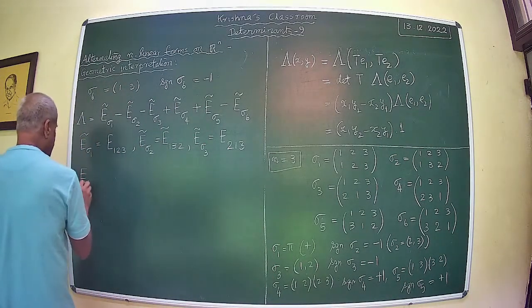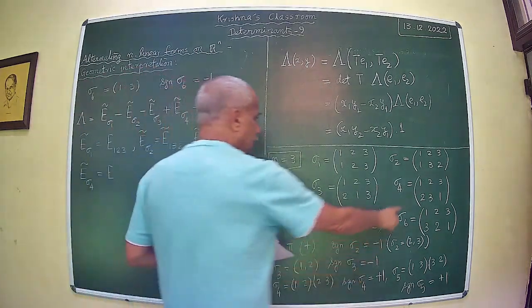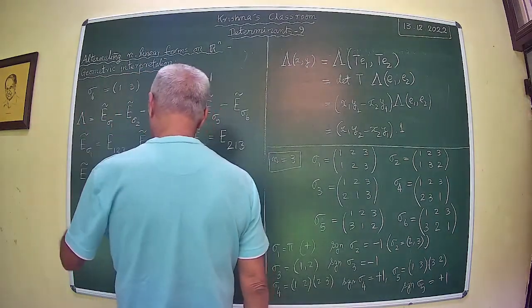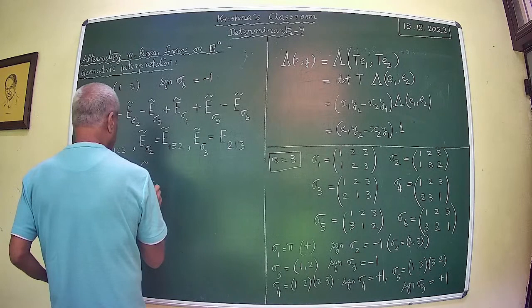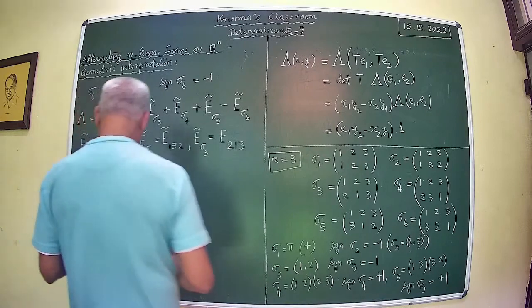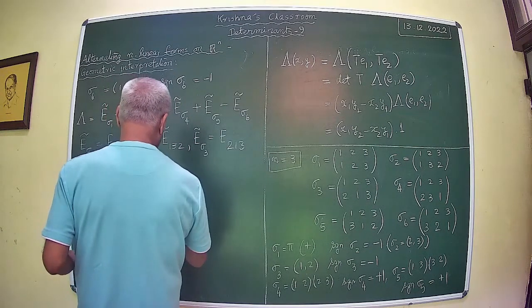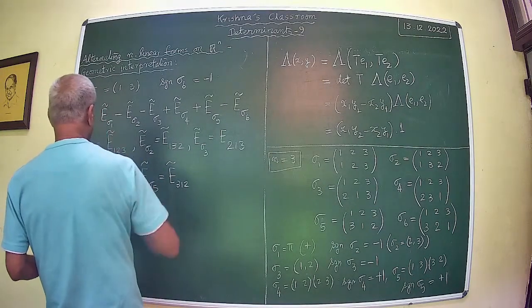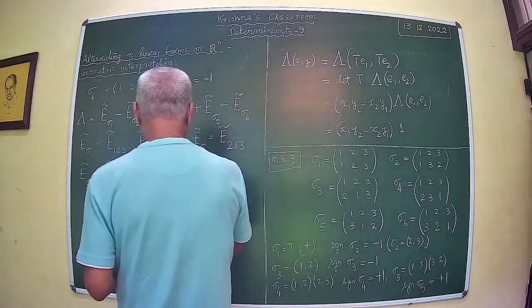E sigma 4 tilde is E 2, 3, 1, that is 1 goes to 2, 2 goes to 3, 3 goes to 1.